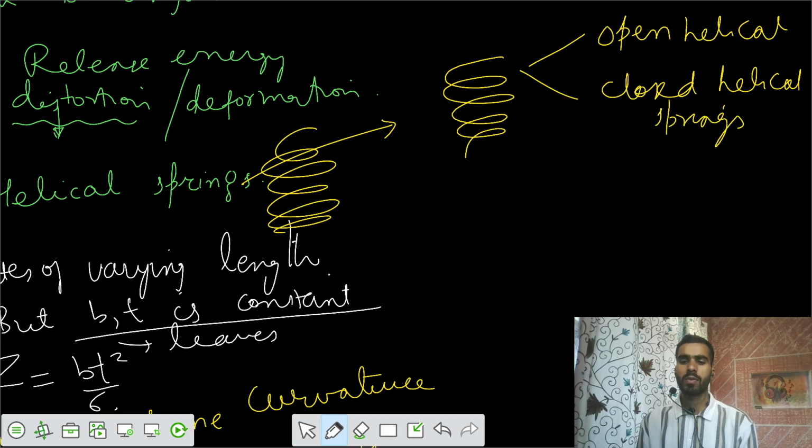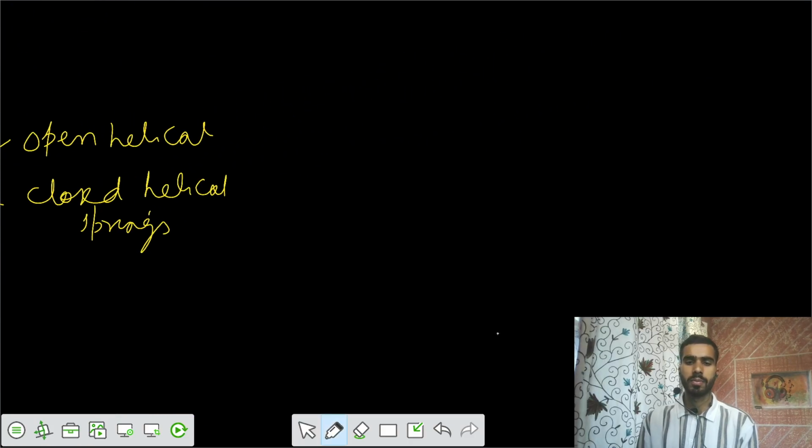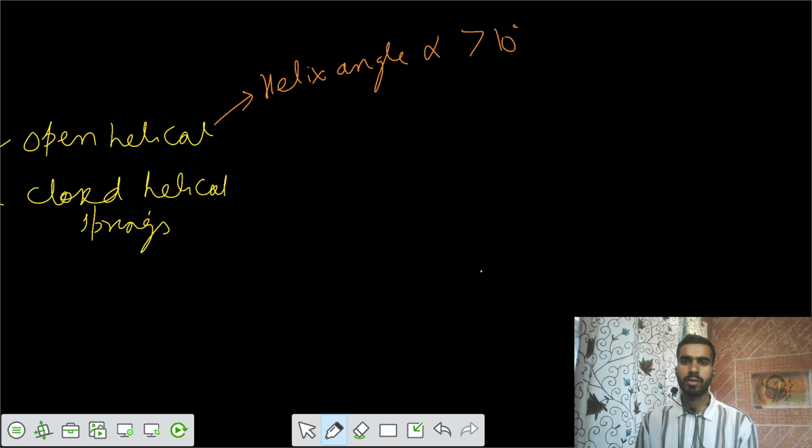For our syllabus, we have closed helical springs. For the open helical springs, we have what we call the helix angle alpha, which is greater than 10 degrees, and in this case, alpha is less than 10 degrees.